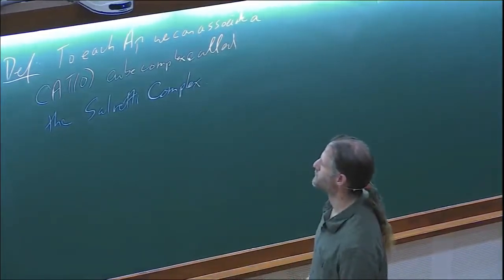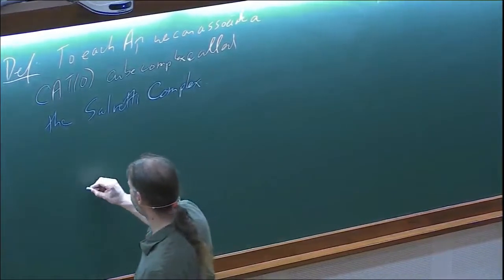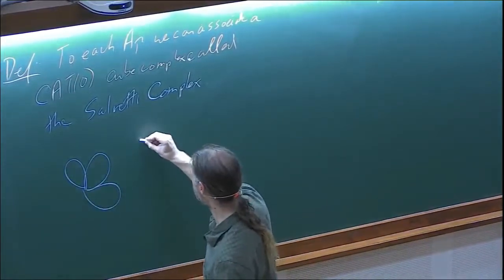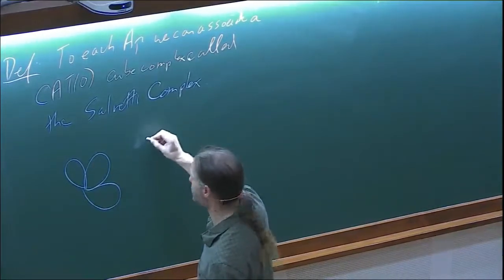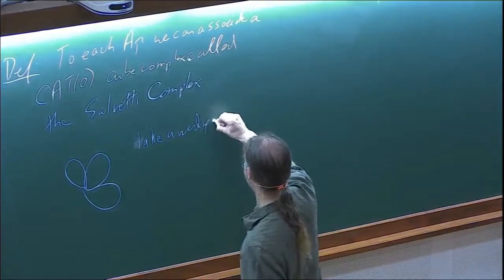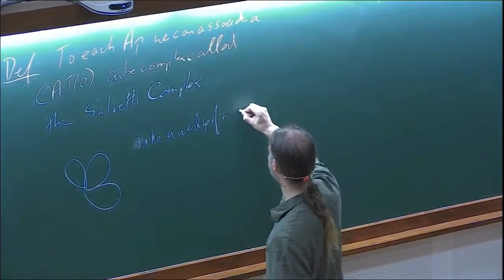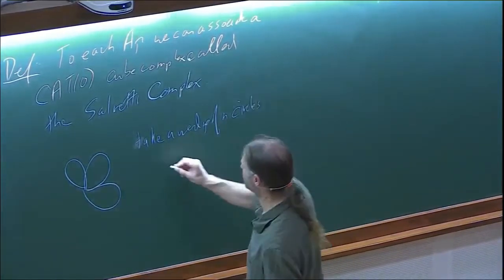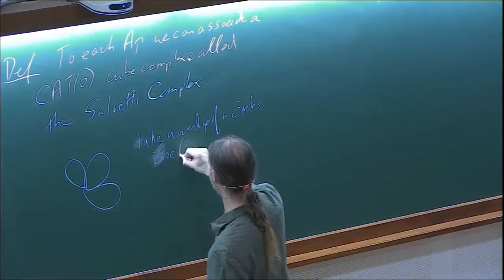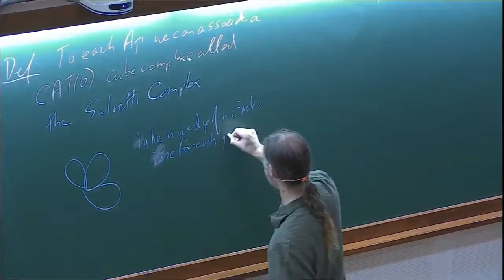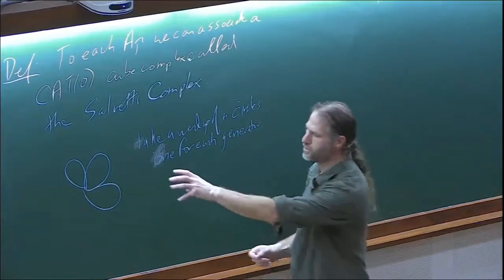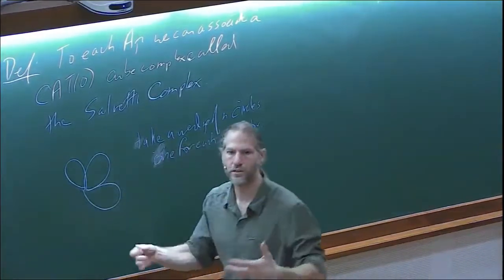So how do we define the Salvetti complex? We take a loop for each generator: take a wedge of n circles if there are n vertices, one for each generator. So you start with this wedge, and then I glue in the obvious things.